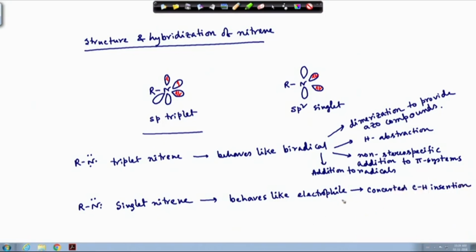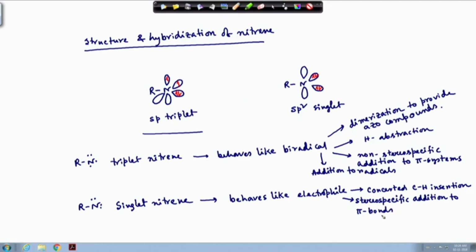Next it can give stereospecific addition to pi bonds. Or as this is working like an electrophile, having an empty non-bonding orbital, the nucleophiles can also attack the nitrenes. So, we can write addition to nucleophiles.